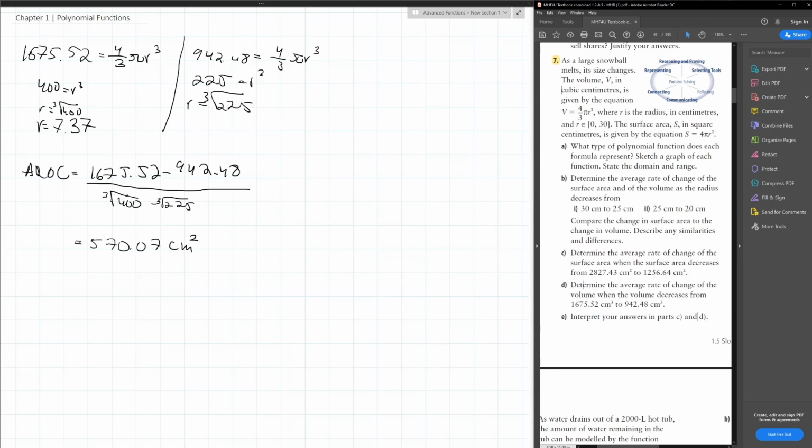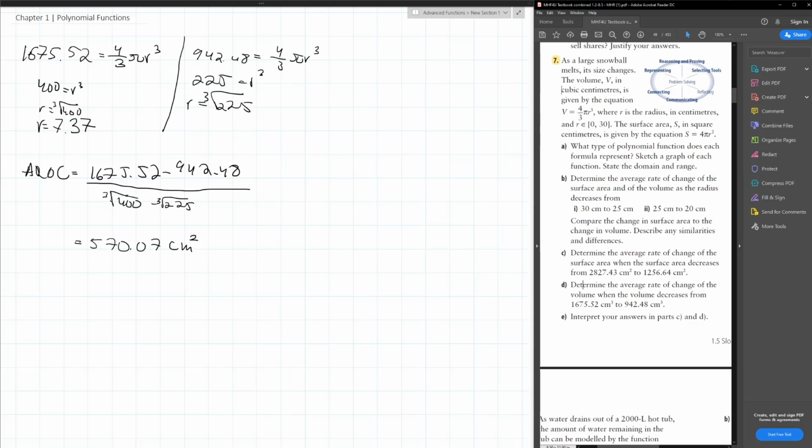For the volume, it continued to decrease all the time. Is that right? Yeah, that seems right. And then for the surface area, it also was decreasing on every step of the way. So what I would say is that as r decreases, both of the values decrease.